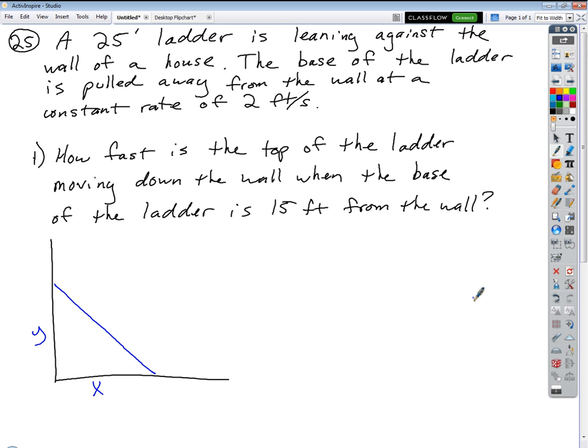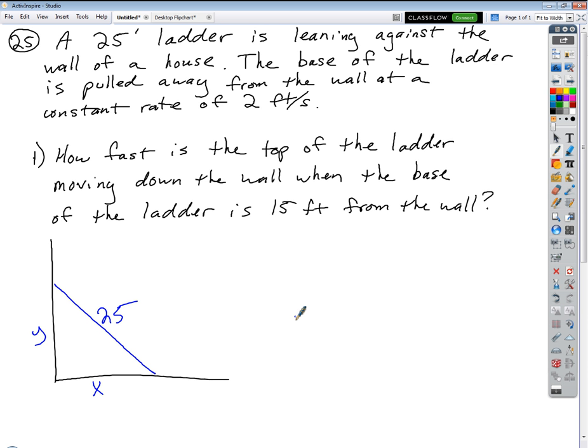So I firmly believe that whenever you can, you should write numbers in your pictures, because numbers are constants. Variables vary, exactly. So let's just write a 25 on here. We can leave our units off. Our units of length seem to be feet and our units of time seem to be seconds. Okay, so there's our picture.